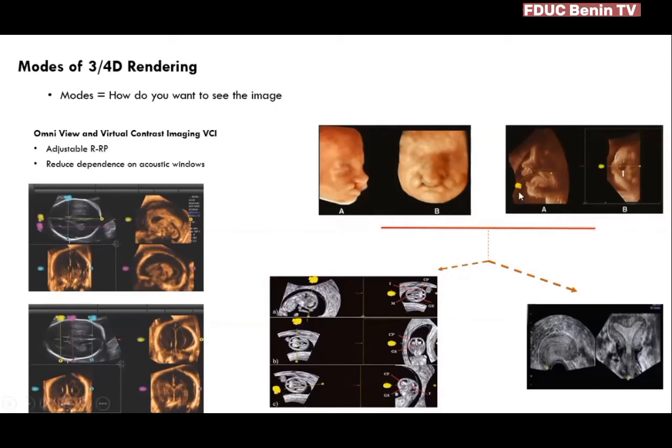But if we introduce an observer and the operator inserts, manipulates and draws out the reference reconstruction plane through the baby's mouth to study the fetal palate. So while on the surface rendered mode, we can see the cleft lip, on the virtual contrast mode, we have the enhanced capability to even study the palate.